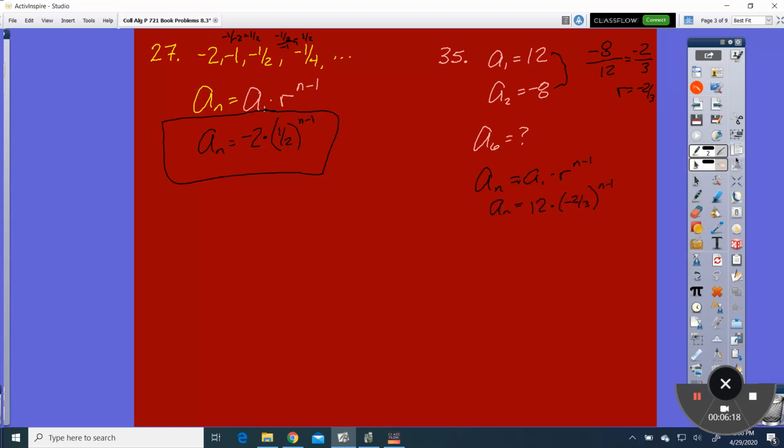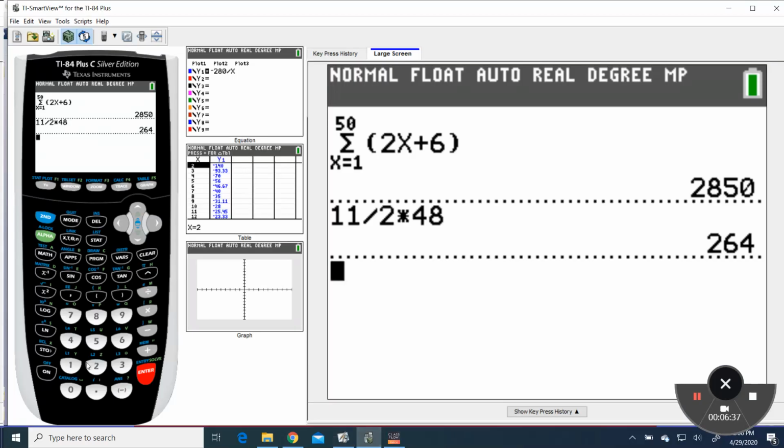So if I want to find the sixth term, all that I need to do now is plug in 6 for this n. So 12 times negative 2/3, 6 minus 1, which is 5, so 12 times negative 2/3 to the 5th. All right, calculator, time for you to do your magic. 12 times negative 2 divided by 3 to the 5th.